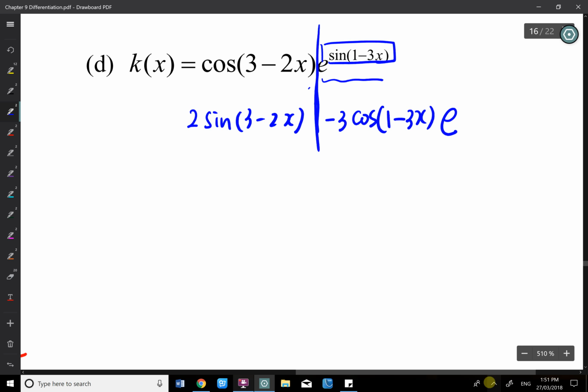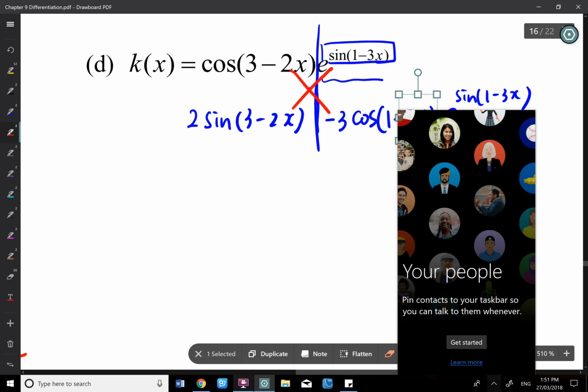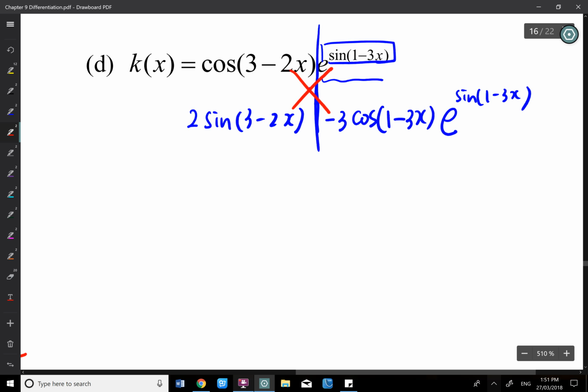e to the sine(1 minus 3x). We repeat that again, and times it this way and then add them together. So k dash x equals, I can do that one first.